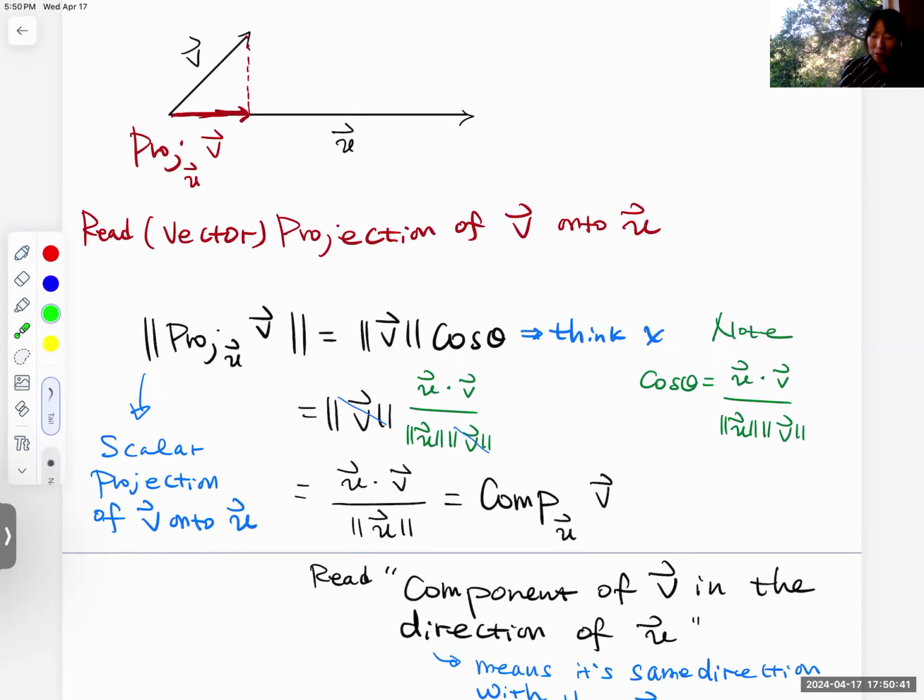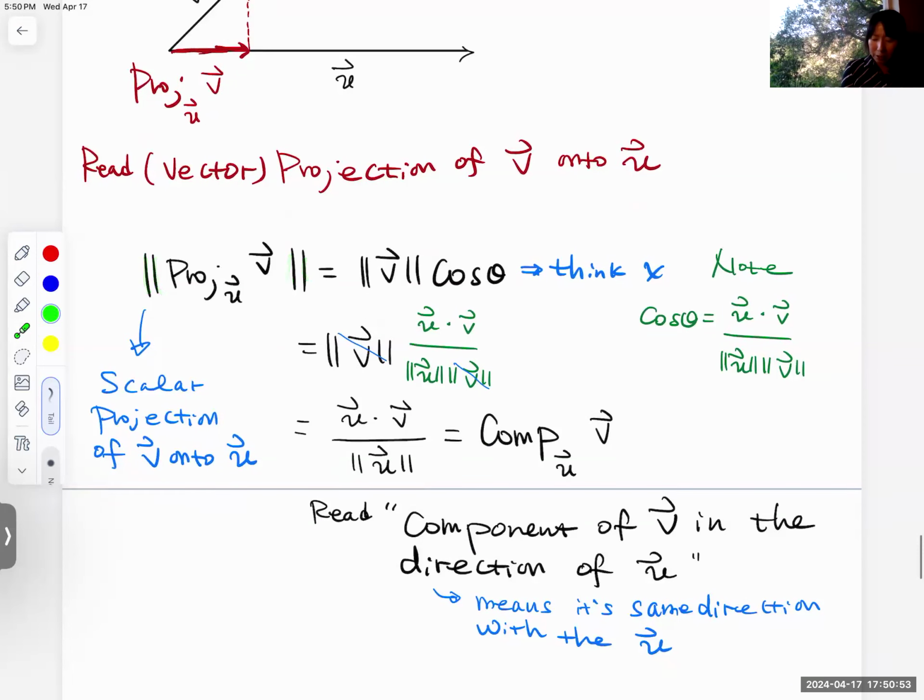Let's take a look. We read this one as the projection of vector V onto U. If we have a magnitude, then this one is a scalar projection of a vector V onto U. Why? Because if we do this, we get a scalar. At the end, this is a scalar; the dot product gives us a scalar.